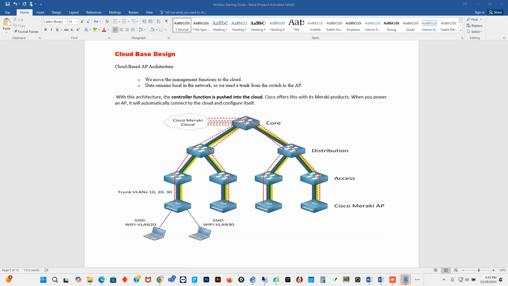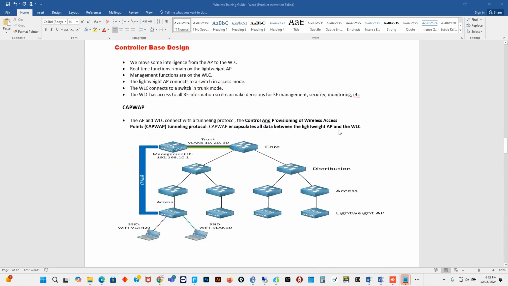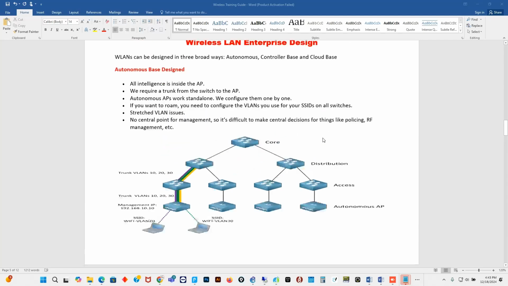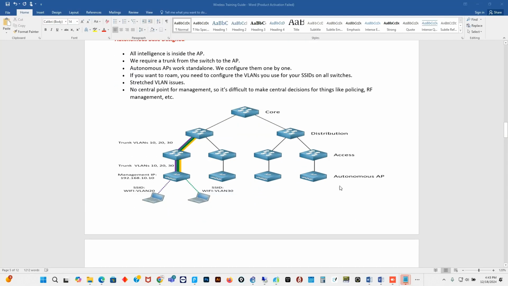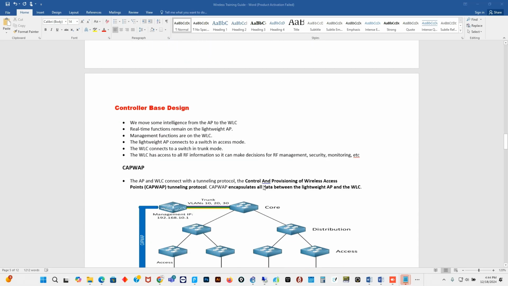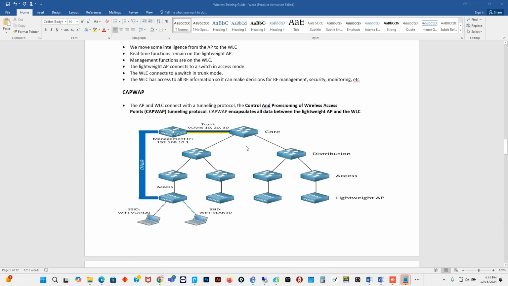So we have autonomous design, we have control-based design. Autonomous design is what we spoke about, only APs are involved. In control-based design, we have a wireless controller, which is also a model, a device or hardware, and then we have APs, and the APs should support the wireless controller. And in most companies, you will not have one wireless controller.